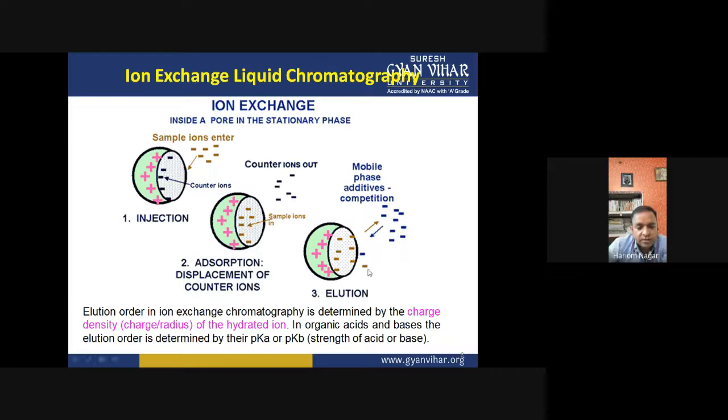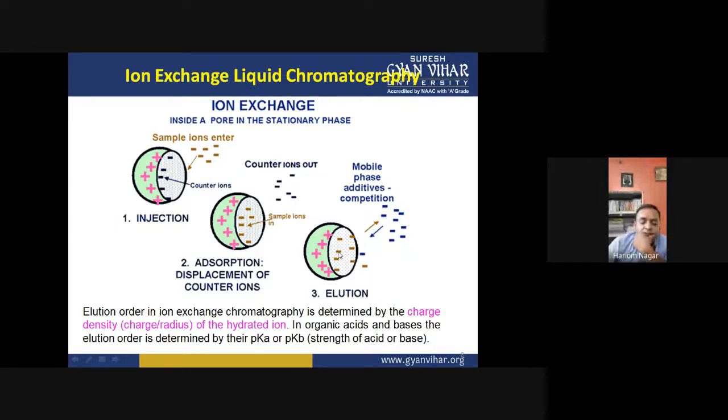Now in the third phase, these ions are eluted from the column because mobile phase additive competition is there between the counter ions and sample ions. Okay?